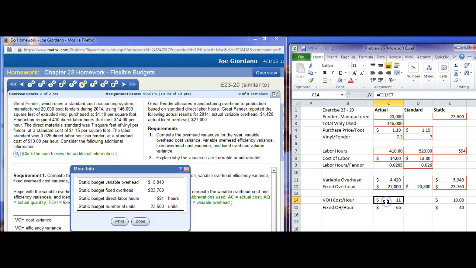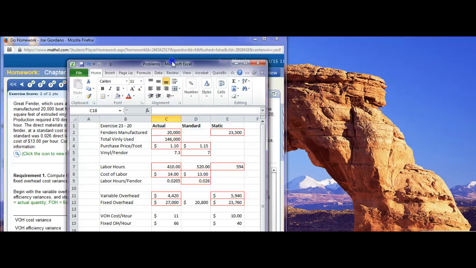And again, down here, the variable cost per hour populates. Again, you take this divided by the number of hours, this divided by the number of hours. Hopefully C7, yes, okay. So the first thing they're going to want us to do, and actually we don't need this anymore.